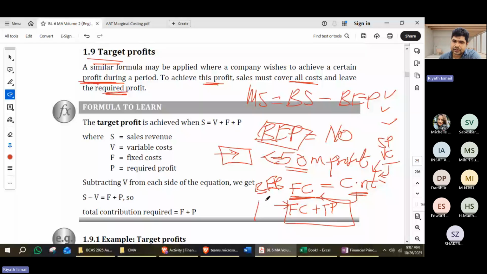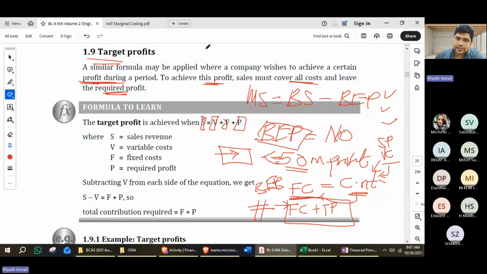So number of units. The target profit is achieved when the sales value covers the variable cost, fixed cost, and the target profit.